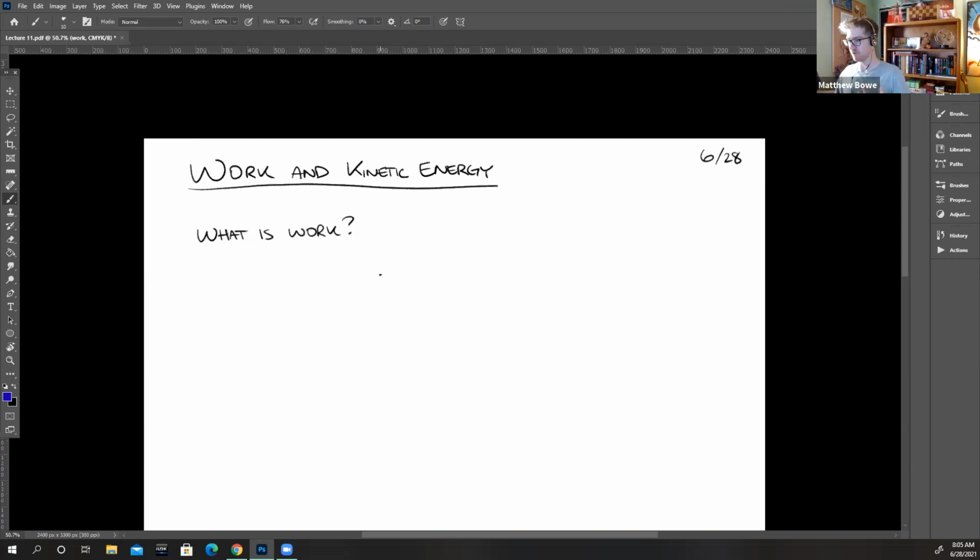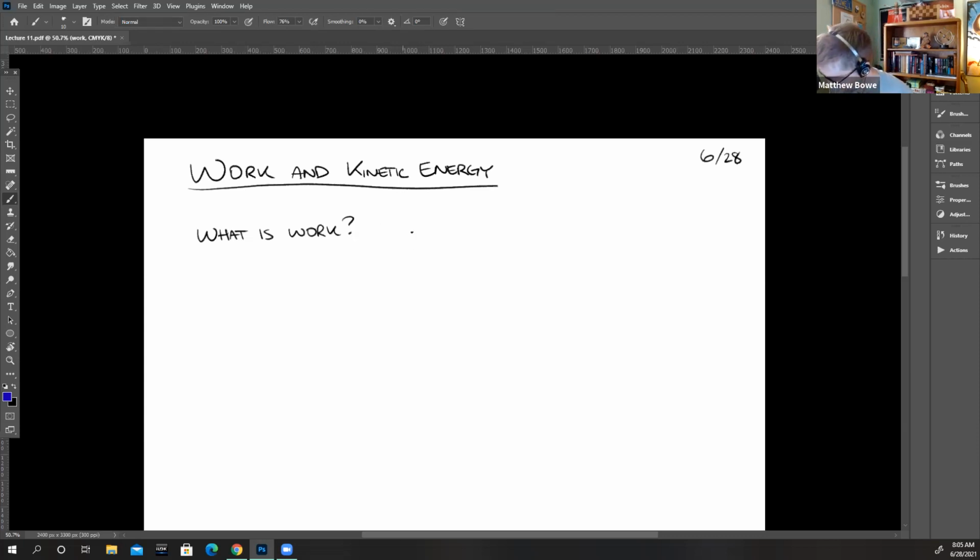We've been covering forces. First, we went from motion, things just moving, and then we went into forces. Something has to be applying a force in order for something to change its acceleration. But now we're going to take another step back and say, well, something's applying a force. How much energy does that take in general?